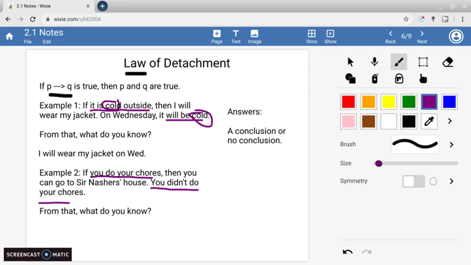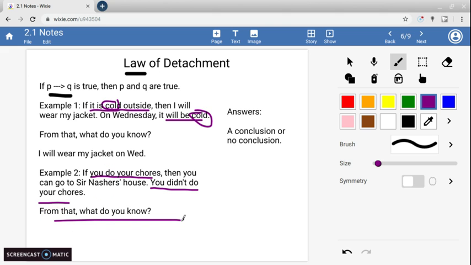So that's how you know that there is no conclusion that can be drawn from this, because you have no clue what will happen if you don't do your chores. You might think that you won't go to Sir Nasher's house, but that's just a theorem. It can't be proven. So that's how you know there's no conclusion.